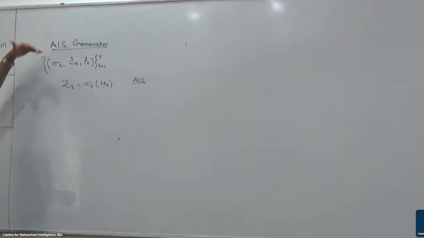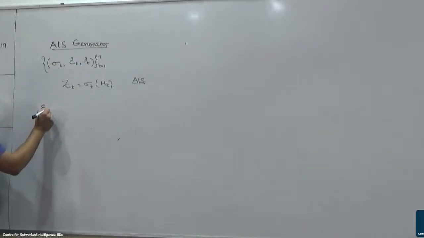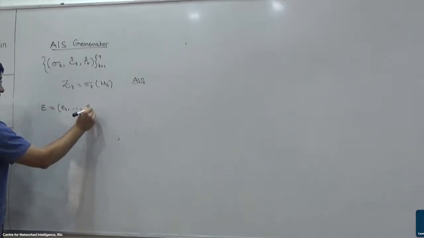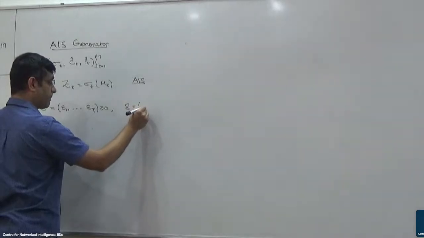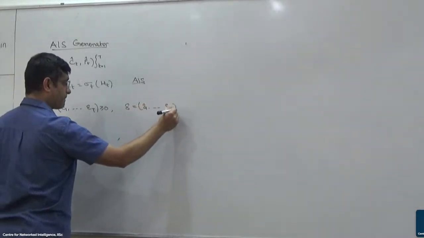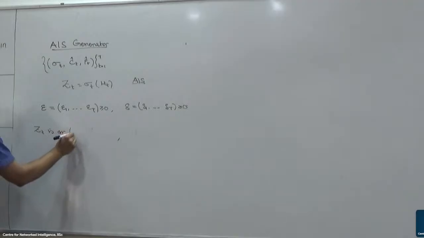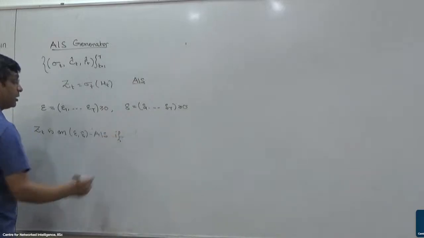So I have an AIS generator. This gives me an AIS, and I want to say how good an AIS this is. So we'll do the same thing that we did for model approximation. Given a sequence of real numbers epsilons and deltas, I'll say z_t is an epsilon delta AIS if two conditions hold.